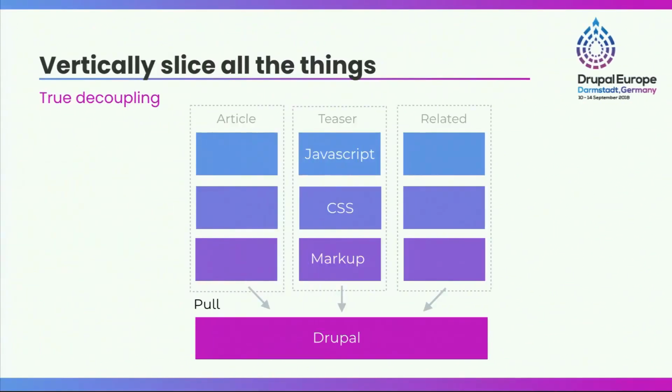And where we actually want to go is to vertically slice all the things, as it now happens with React. If you go for a fully decoupled project that has a React or Vue or Angular application at the front, the important difference is that this application pulls data. So the application itself, the representation, is in full control.